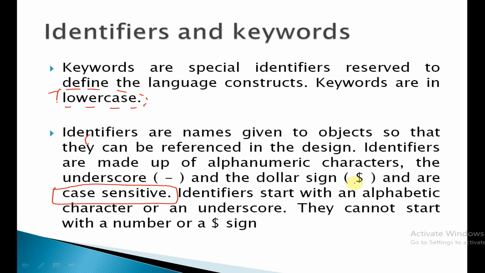Is it clear? Identifiers start with an alphabetic character or an underscore. You can start an identifier with an alphabetic character or underscore, and they cannot start with a number or dollar sign. This you should remember.